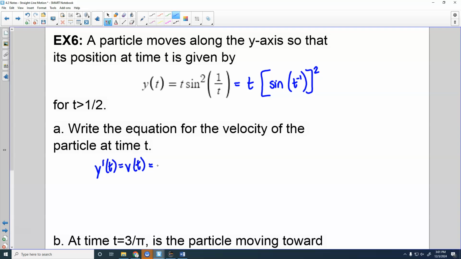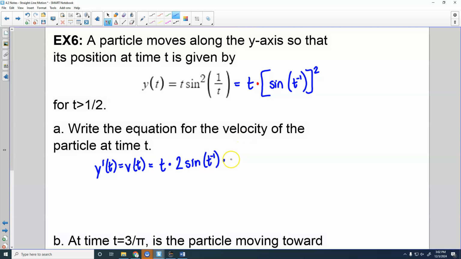Give me a chain. There's also a product for this because you've got something with a variable times other stuff with a variable. So you've got to use a product rule with a chain rule inside of it. So it's going to be t times the derivative of this stuff here, which is going to be 2 sine of t to the negative 1 to the first power times, this is a triple chain rule.